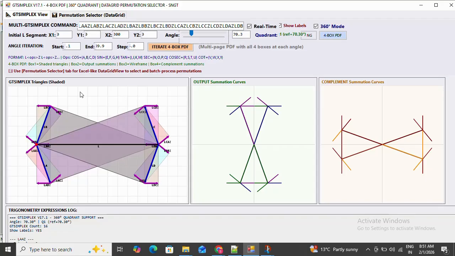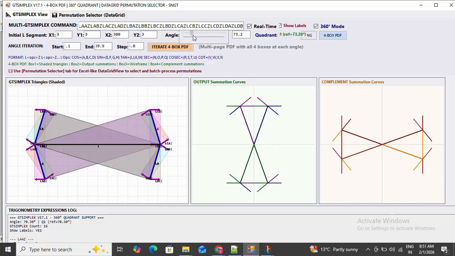Here the different panels are there. The first panel, the left side panel, is showing the GT simplex objects. In the second panel, for the output summations, only the output line segments are taken and kept like vectors one above another, and that is the toe-tip combinations. Similarly, if we keep only the complement line segments and place them in the toe-tip variation way of the summation, then we will get this kind of pictures.